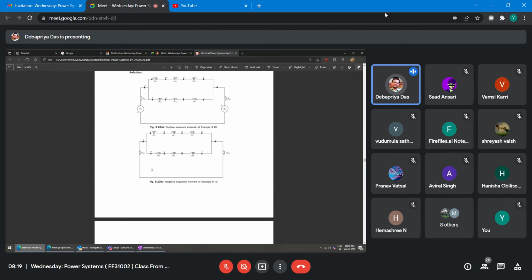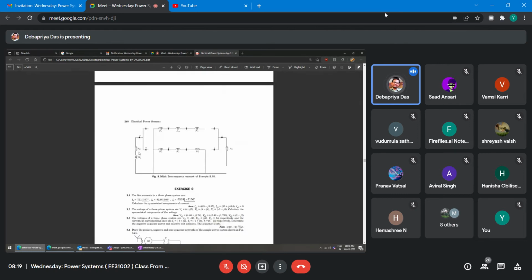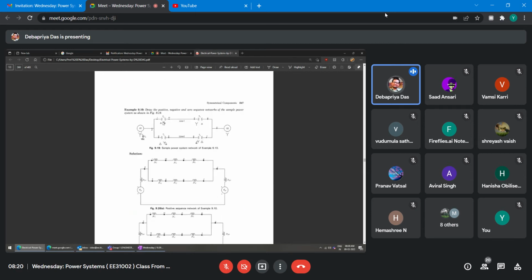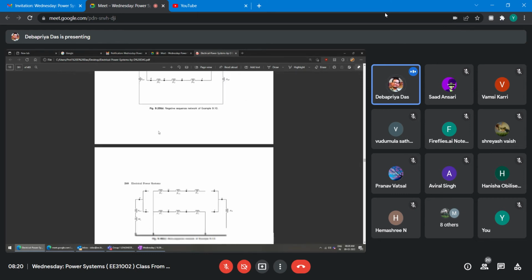So what happened for this thing? The bottom line is the reference one. So zero sequence is there. All the neutral grounded 3Zn, then generator zero sequence reactance is there, but both are delta. As both the things are delta delta, no zero sequence current will flow. That's why this is open.